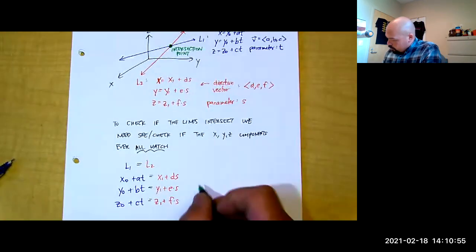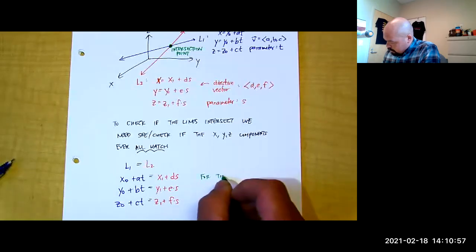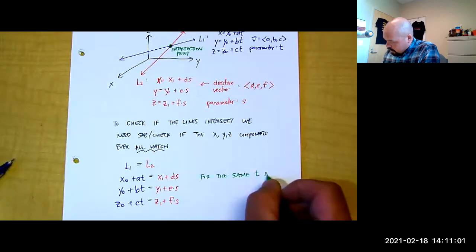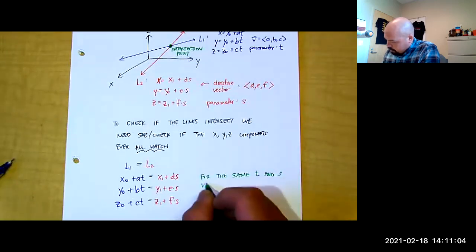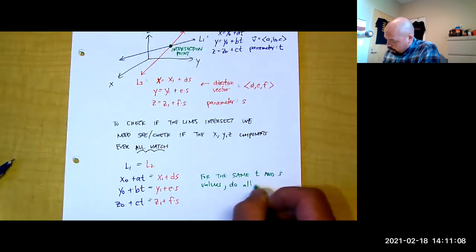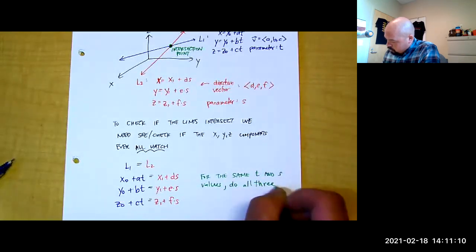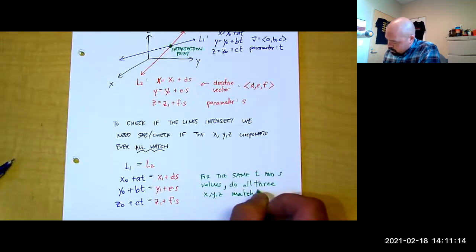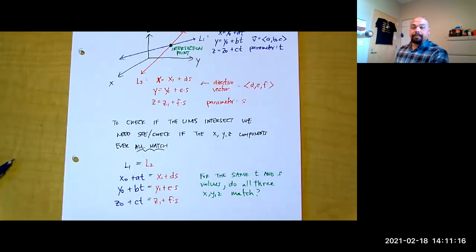So for the same t and s values, do all three x, y, z match? That's what we're working on. I know, a lot to set up there.